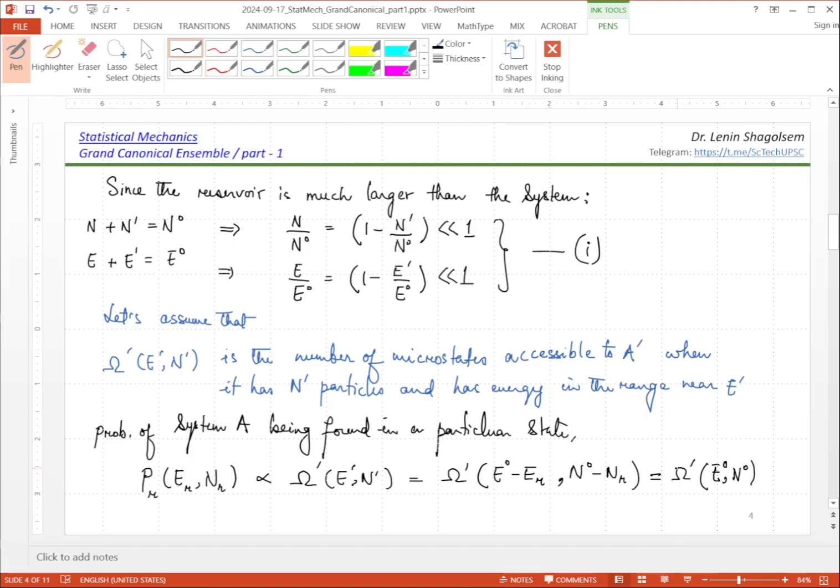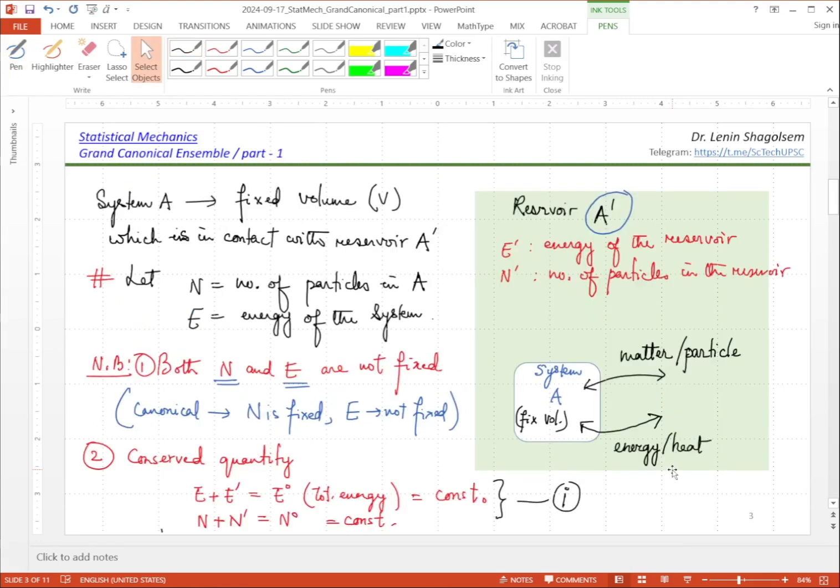The underlying idea is that the system A is in principle a very tiny fraction of the bigger system, which is represented by the reservoir and the system together.